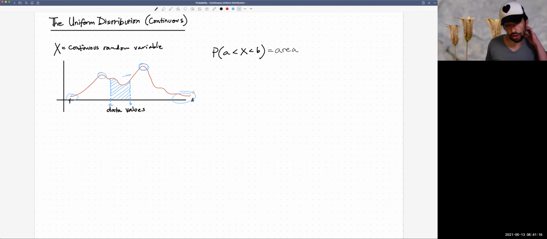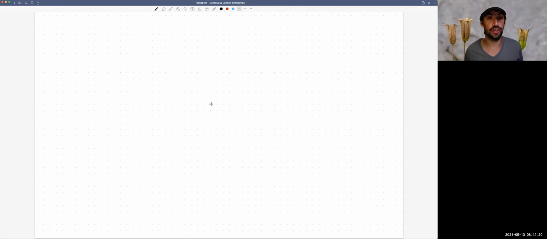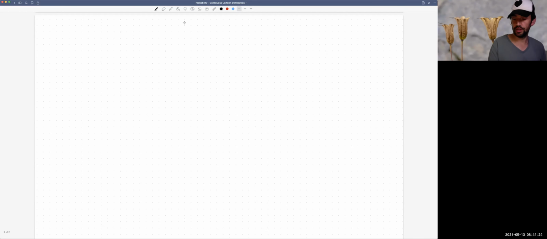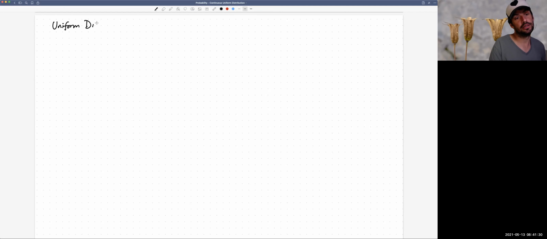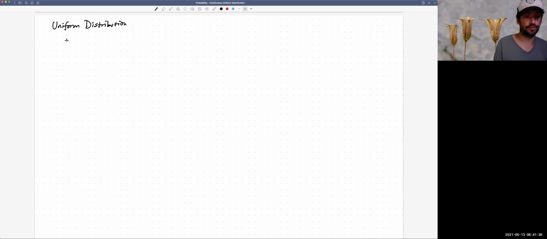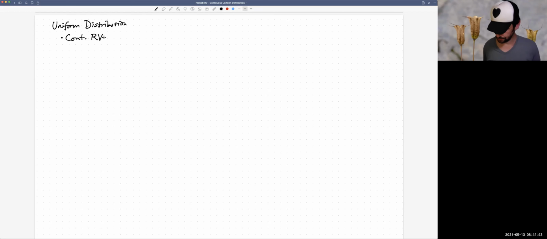Okay, so let's look at the uniform distribution as a specific example of one of these. Okay, so what is the uniform distribution? So a uniform distribution, since we're doing the continuous one, it's going to be a continuous random variable.